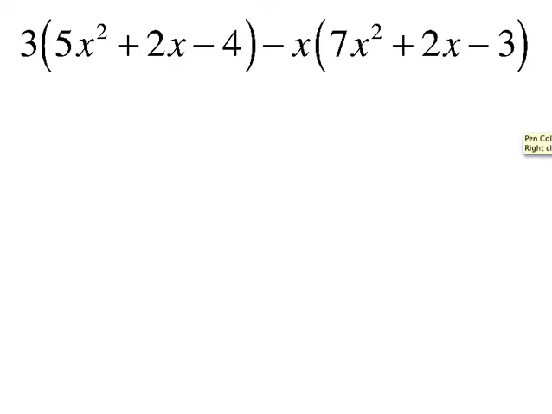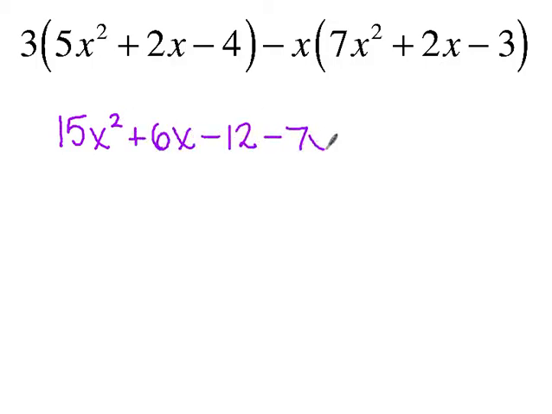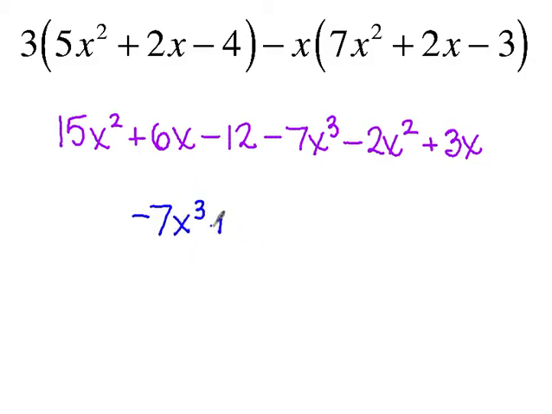You can be following the steps and see if you ended up with the same. Okay, so your final answer is negative 7x cubed plus 13x squared plus 9x minus 12.